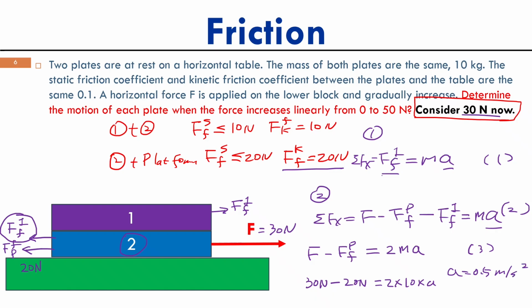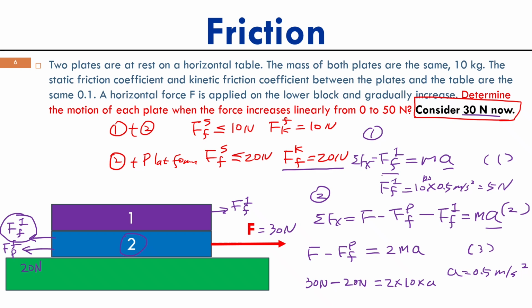And if I substitute this 0.5 meter per second squared into equation 1, my friction force from 1 to 2 equals 10 kg times the acceleration 0.5 meter per second squared. This is 5 Newton.